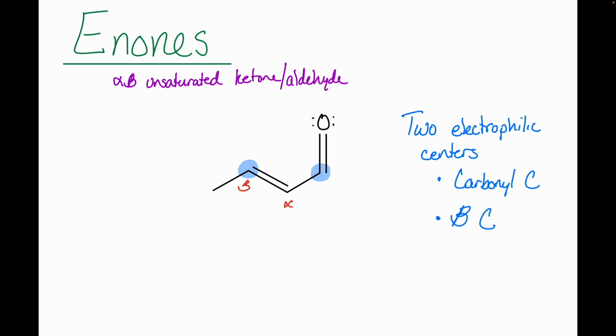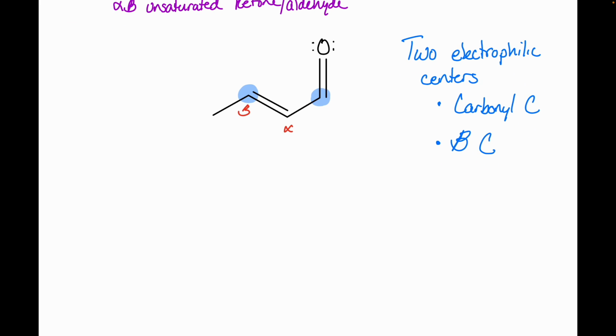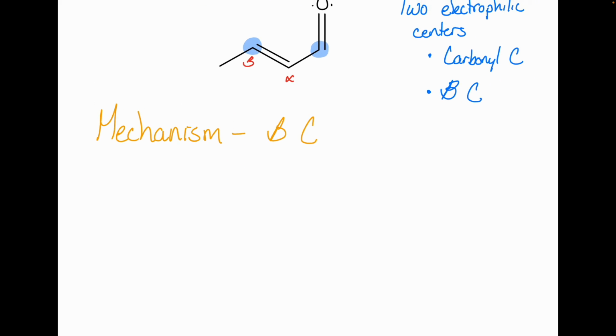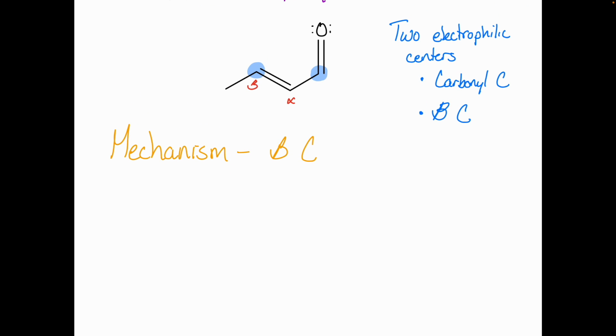That carbonyl carbon and that beta carbon. What we're going to see is that some nucleophiles prefer the one electrophilic site, the carbonyl carbon. Other nucleophiles prefer the other electrophilic site, the beta carbon. Just generically, our mechanism for that beta carbon: we're going to take our alpha beta unsaturated ketone, our aldehyde, our enone.